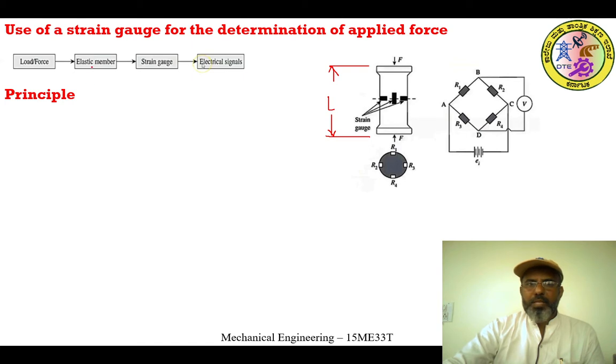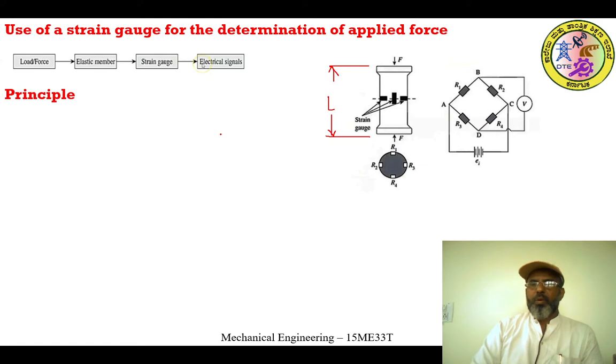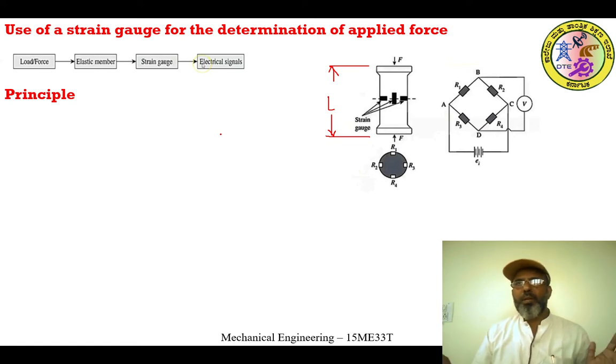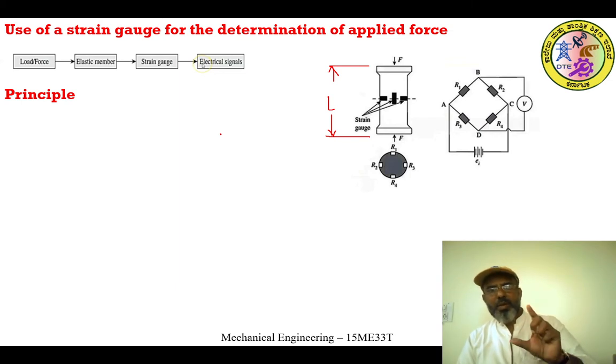Our input is the force we apply, and this column, the elastic member, as the name indicates, is loaded only up to the elastic limit. If you exceed the elastic limit, there will be permanent deformation and the output will not be correct. Therefore, within the elastic limit we deform the member and note the outputs.